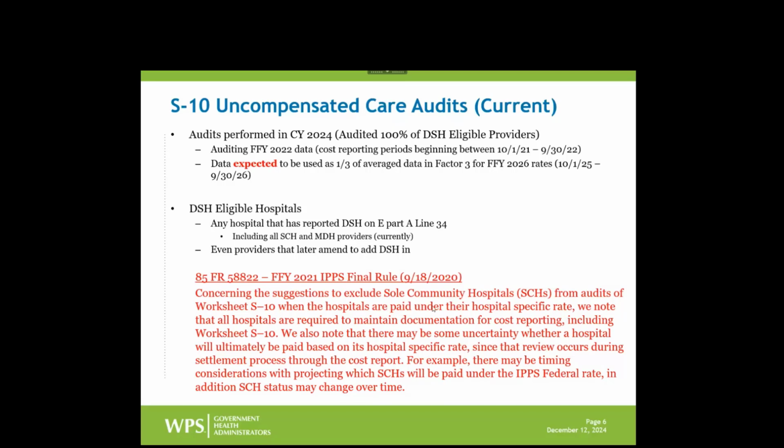Because really any additional UCP payment won't make a difference. If their hospital-specific payment is well above the federal payment, it just won't make a difference either way. So why go through the extra effort of documenting the items as well as auditing the amounts for no benefit? So they put in some reasons for it.